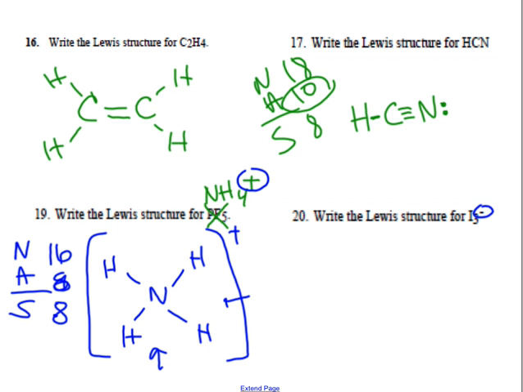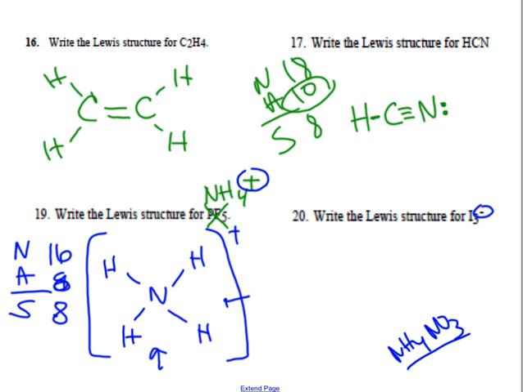Remember we talked about ammonium nitrate, for instance. If I put that in water, what two ions do I get? Ammonium and nitrate. I'm not breaking up the integrity of the covalent bonding within the ions. So every polyatomic in the whole wide world, you can draw a Lewis structure for.